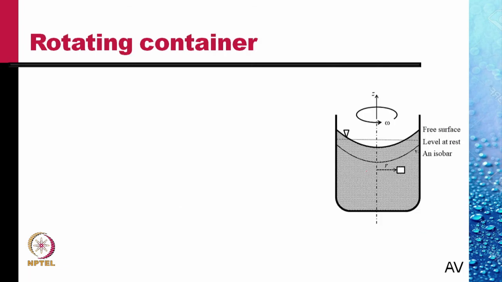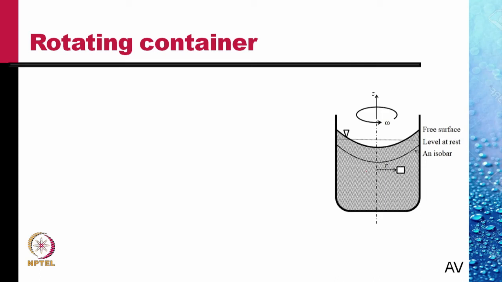Next, we consider a rotating container, a container of a liquid which is rotating about its axis at an angular speed omega. We see that the free surface of this is curved.